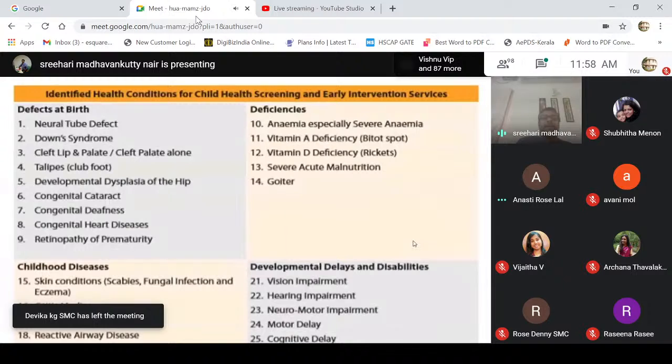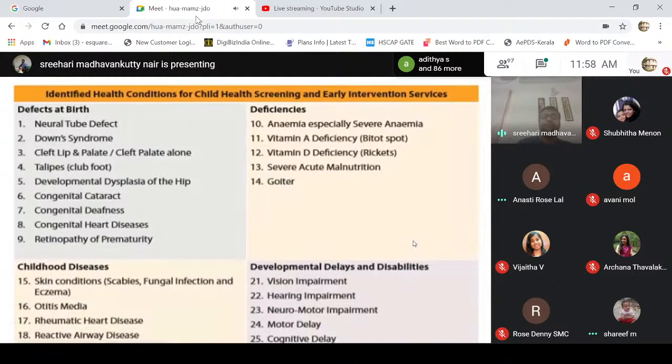So particularly, I'm dealing with this domain under 4Ds. We can see defect at birth, deficiencies, the diseases, childhood disease, and development delays and disabilities. So this is the program that we call RBSK, Rashtriya Bal Swasthya Karyakram, which started in 2013 as a national flagship program with an objective to limit disabilities among children.